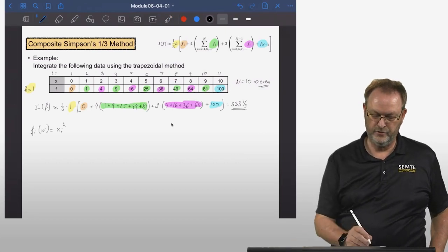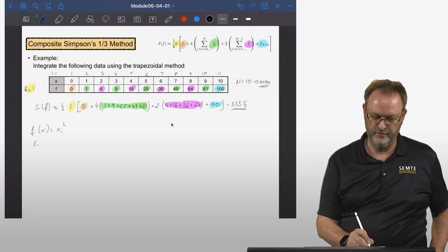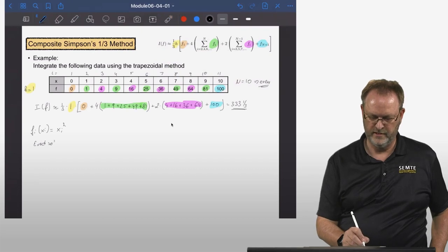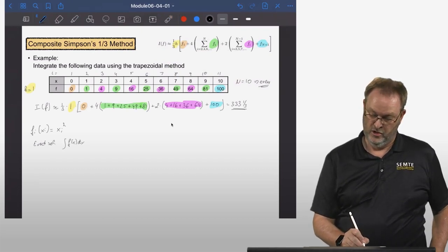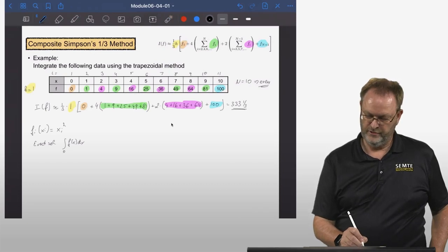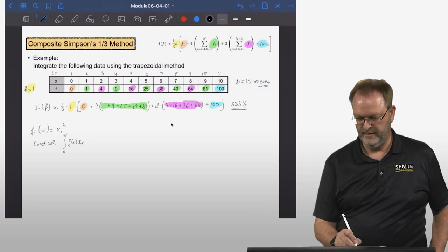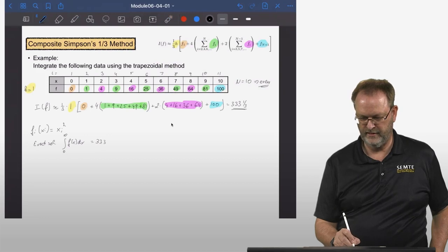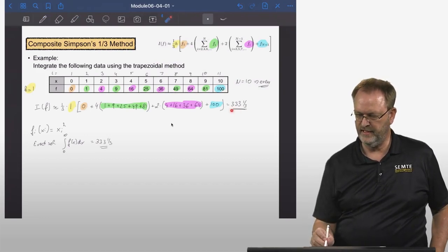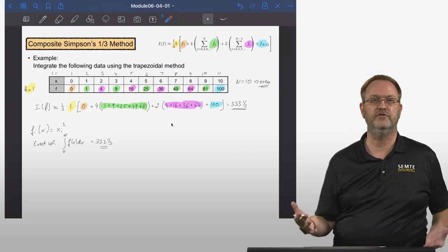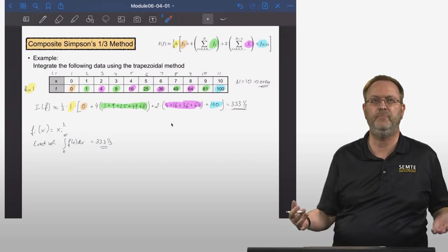And if we do the analytically exact solution for the integral of f of x dx from 0 to 10, it is 333 1/3. And you'll notice here that this is the exact analytical solution that we get with our method. So how can that be?